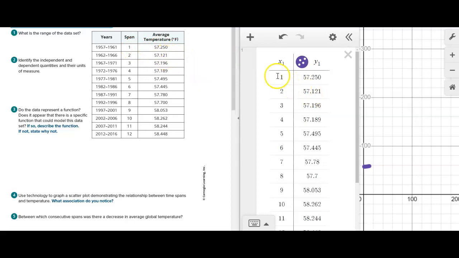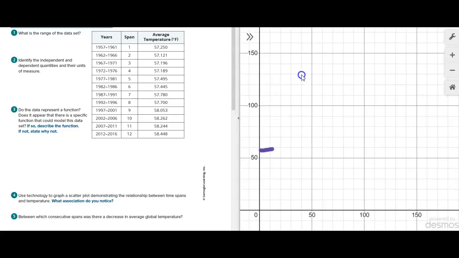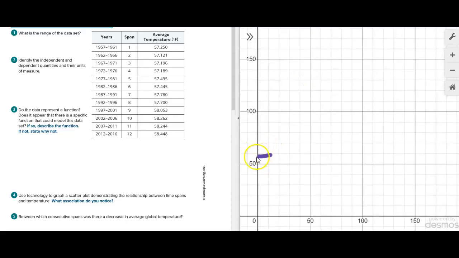So if you look over here, you have the point 1, 57.250. You have the point 2, 57.121. You have these coordinate pairs. And when they get graphed on the coordinate plane, you'll see they're right here.